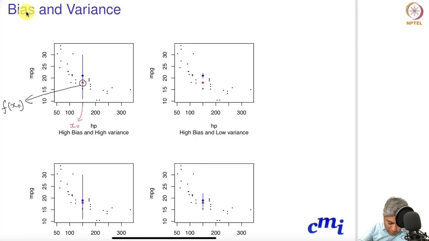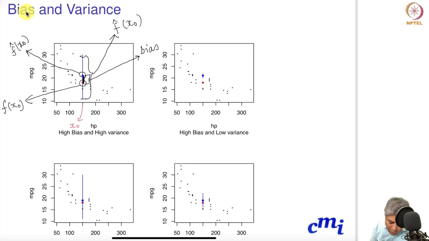Now this blue point is f hat x0. So naturally this difference can be viewed as bias, and this line can be viewed as the variance of f hat x0.